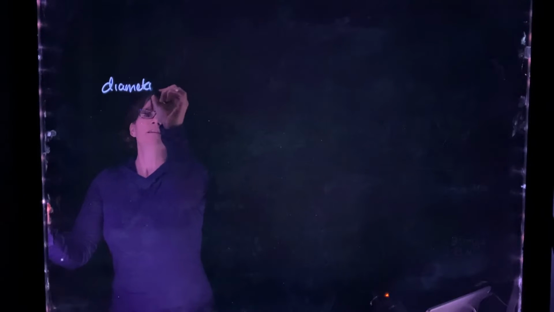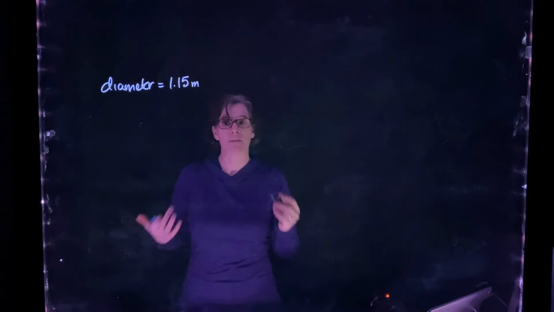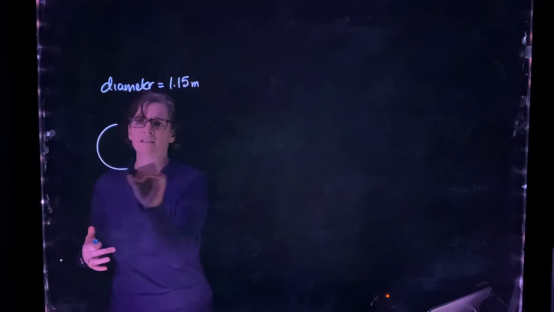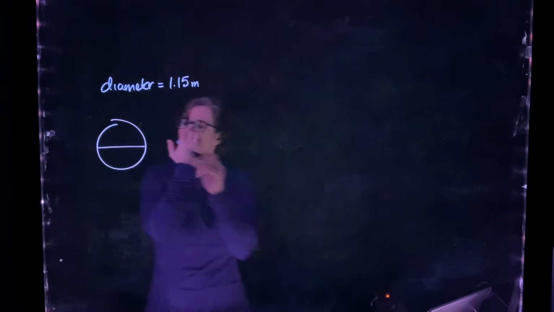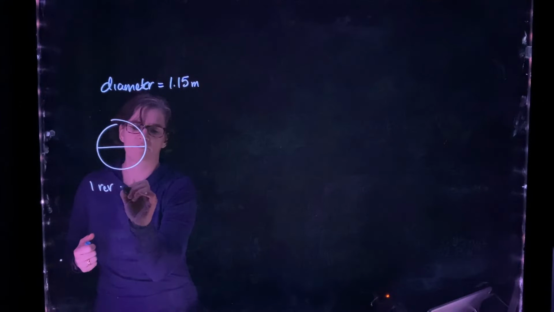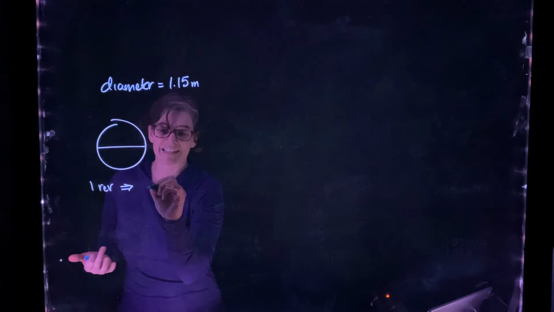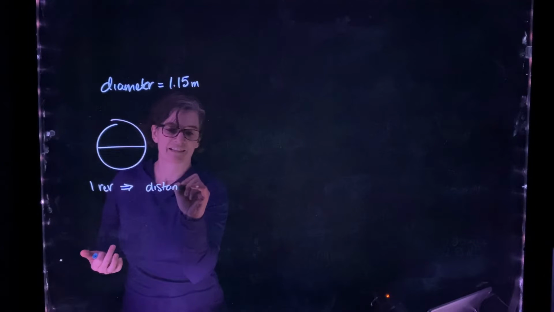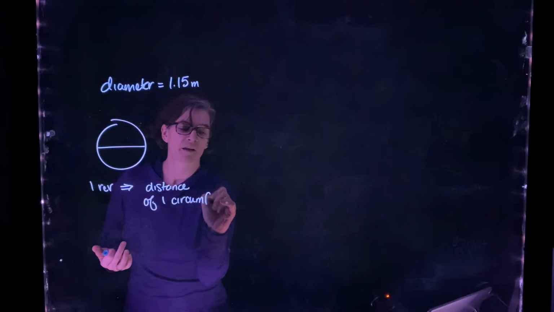All right, so we know that the diameter is equal to 1.15 meters. Now, if we have a wheel, that is, of course, the diameter of the wheel. If the wheel rotates, one revolution of the wheel corresponds to the distance of one circumference of that circle.